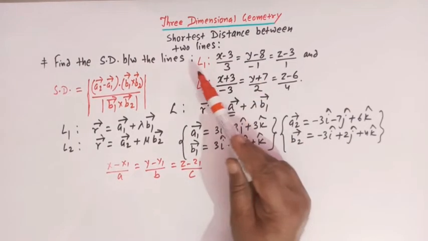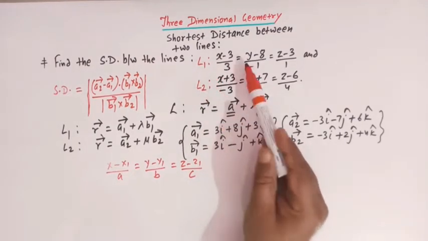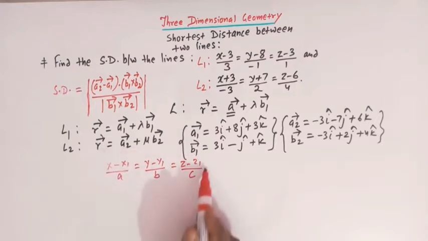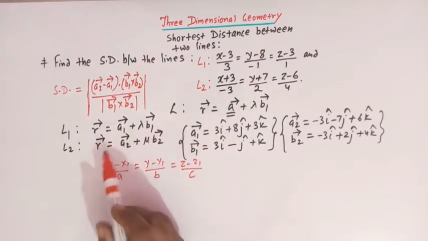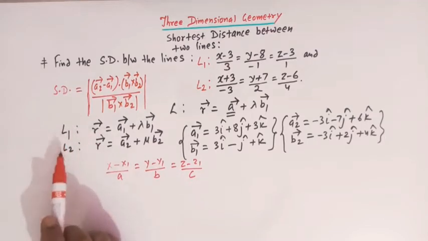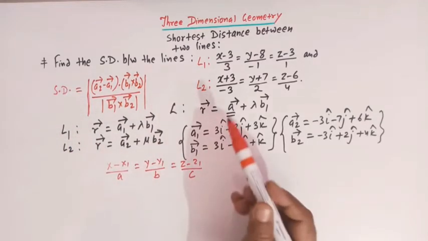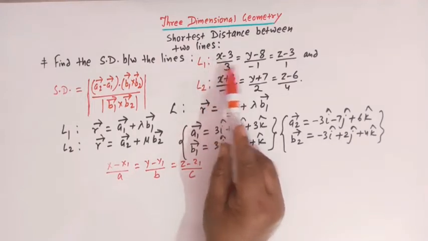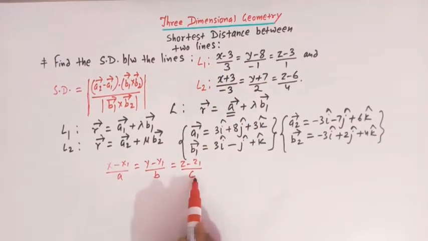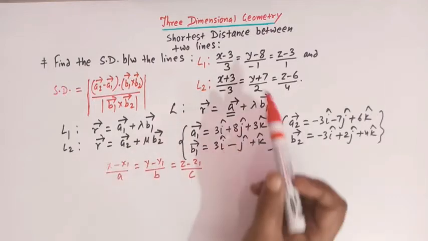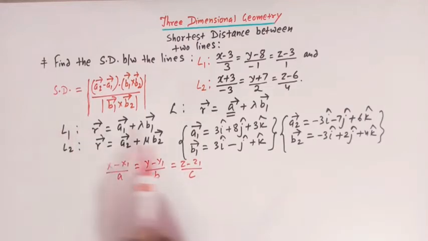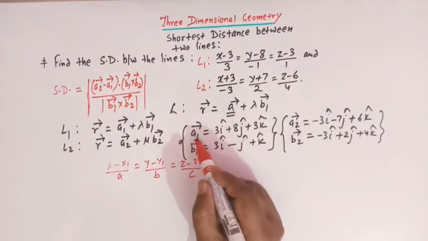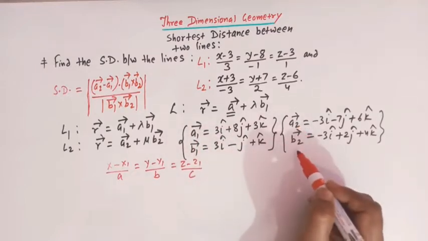Here we see that the equations of the two lines L1 and L2 are perfectly given in this standard form. In case the lines are not given in this form, then before writing the vector equations of L1 and L2, we must reduce the Cartesian equations of the two lines to this form. Once we write the equations in this form, we can easily identify the vectors a1, b1, a2 and b2.